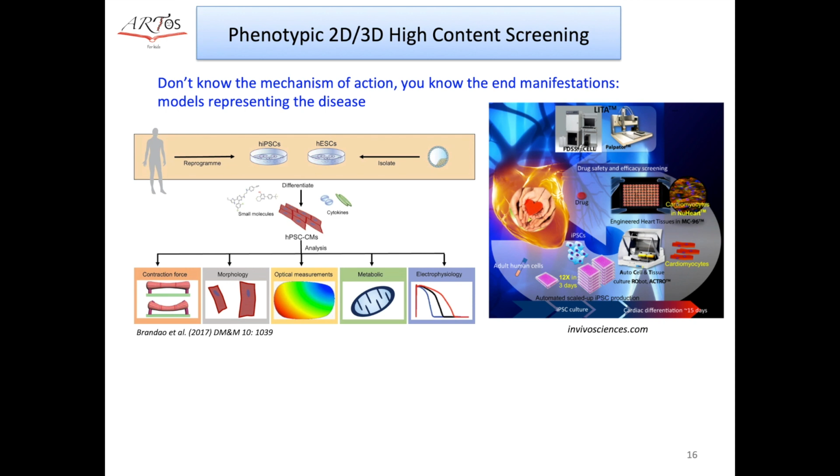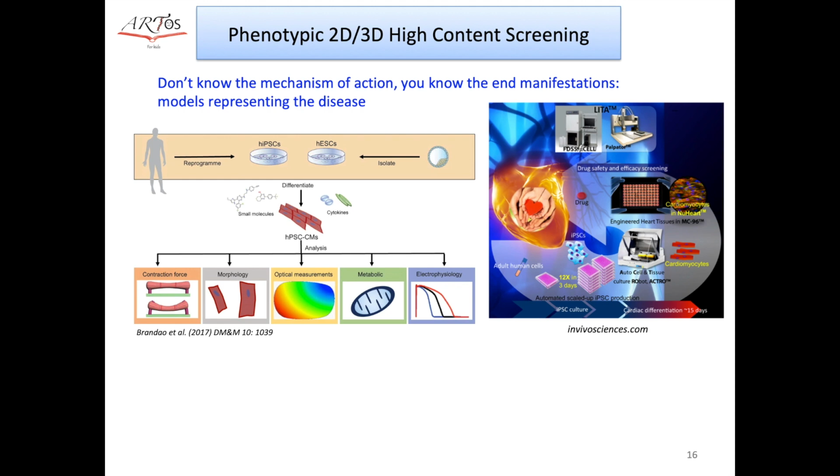The patient cells contain their genetic material, therefore their mutation. We can induce the cells to become pluripotent stem cells and then differentiate them in the relevant type of cells for your disease. Here is the example of skin cells becoming at the end cardiac cells. Then we can use another technique extremely useful.